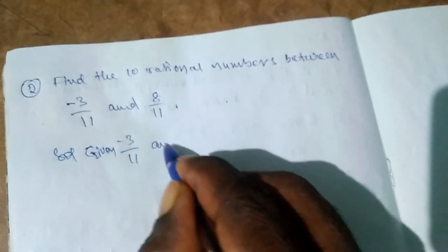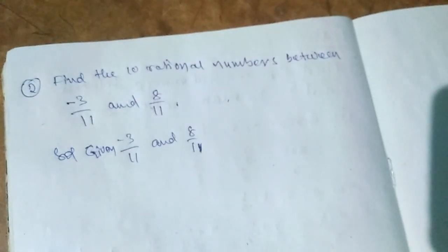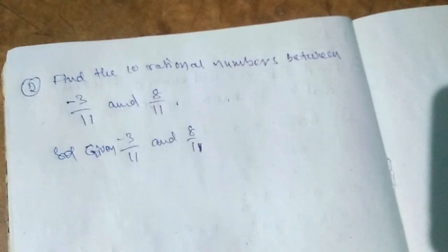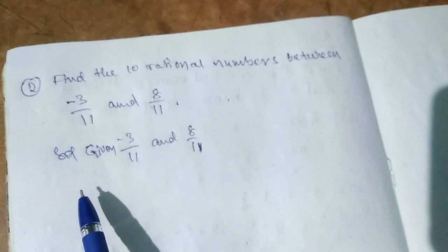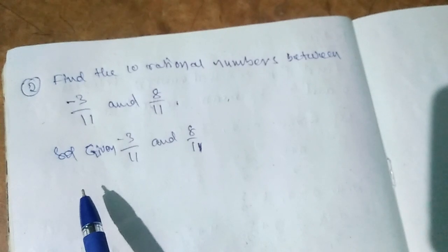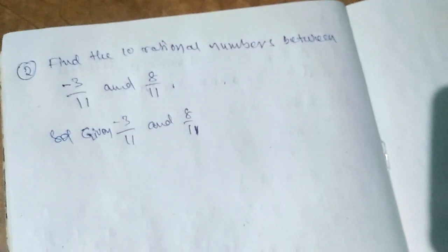Here we have minus 3 by 11 and 8 by 11. The denominators are the same. So what is the difference between minus 3 and 8? We know how many numbers lie between. We need 10 numbers, so I am going to write the numbers.